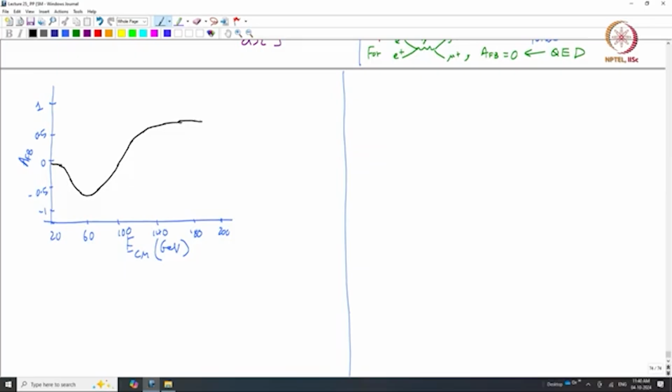This is in black the standard model prediction for the forward backward asymmetry. I'll explain why you get this in a second.